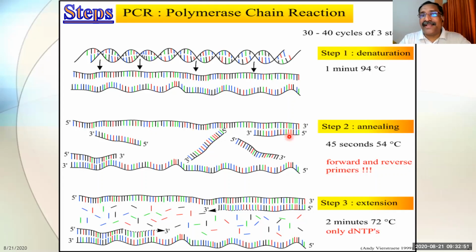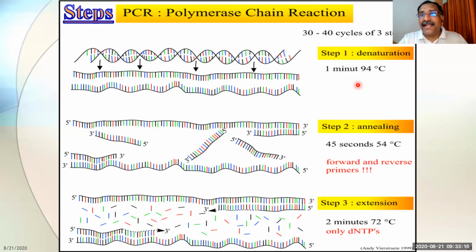So this process is annealing, and it takes place when you bring down the temperature. Now you see in the previous one, denaturation you executed at 94 degrees Celsius. If the same temperature you are maintaining, the second process, annealing, will not take place.